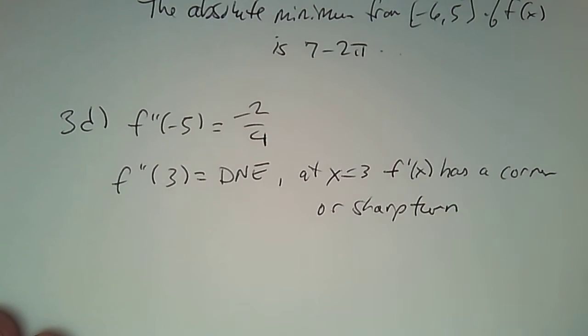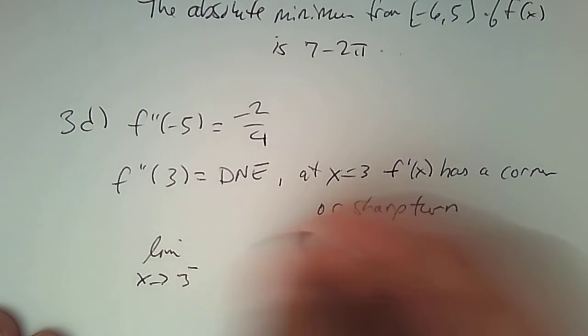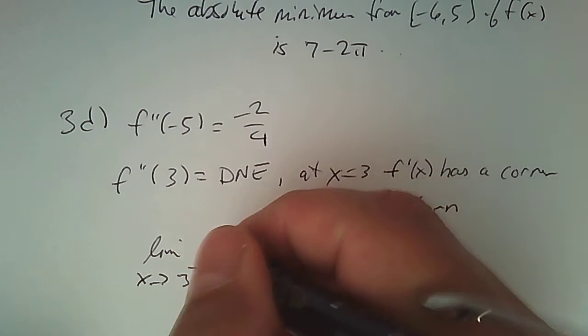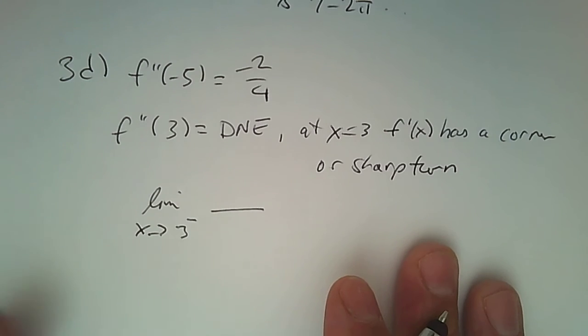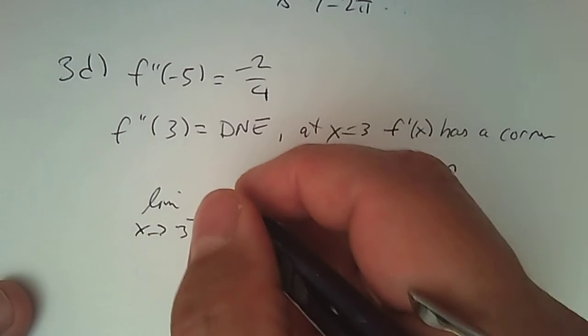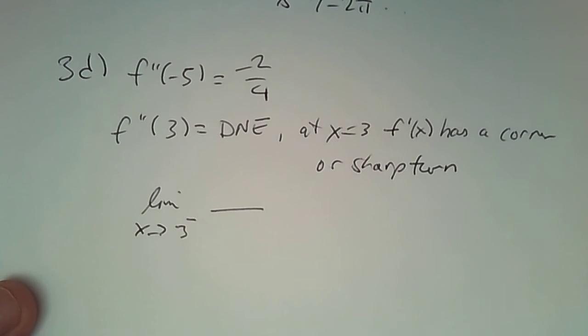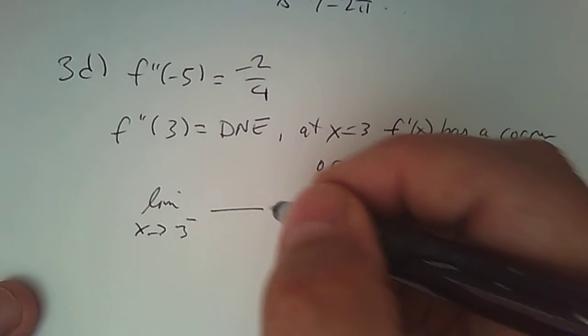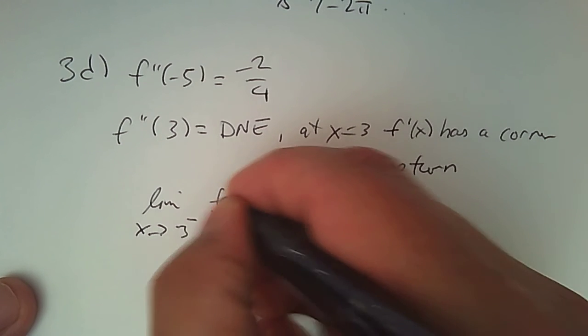There is a way to describe this as a limit too, that you could describe the limit from the left. And when you're looking for the limit, you're just looking for the slope, right? And one way to describe the slope is this.